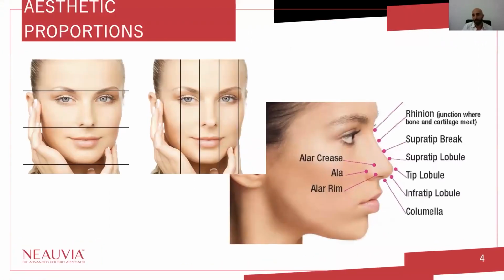The nose plays a key role for facial aesthetic balance, and the really important thing is to understand that the nose is not a shapeless structure, but is characterized by anatomical subunits that give us a pleasant and natural result.